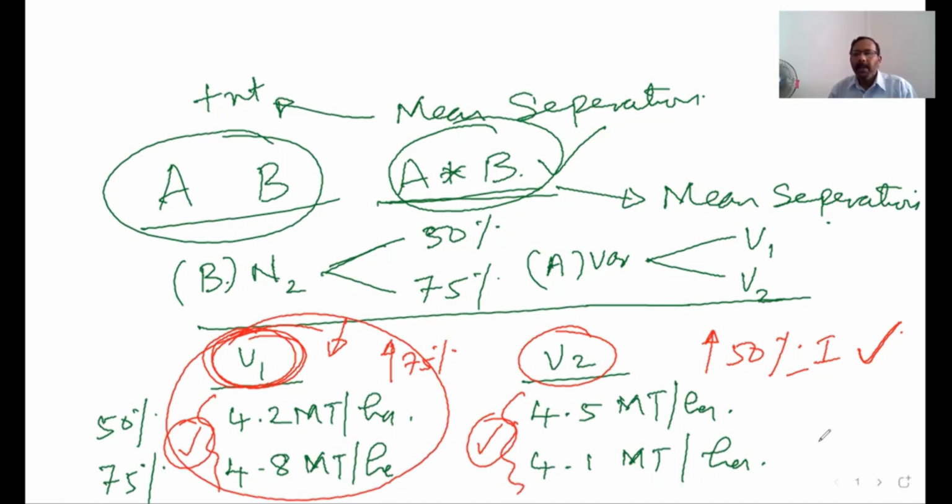So do the mean separation for each level of one factor, keeping the levels of one factor constant, then compare the levels of the second factor. Let's do it together.